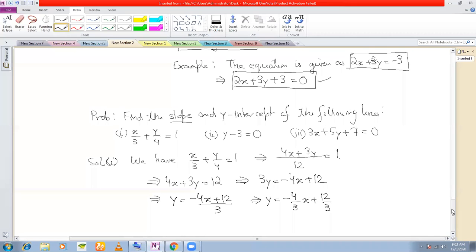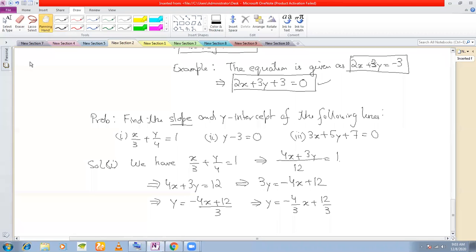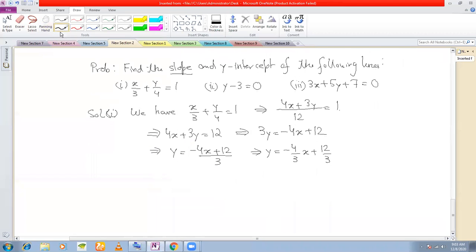Now comparing with the slope intercept form, what is the form?